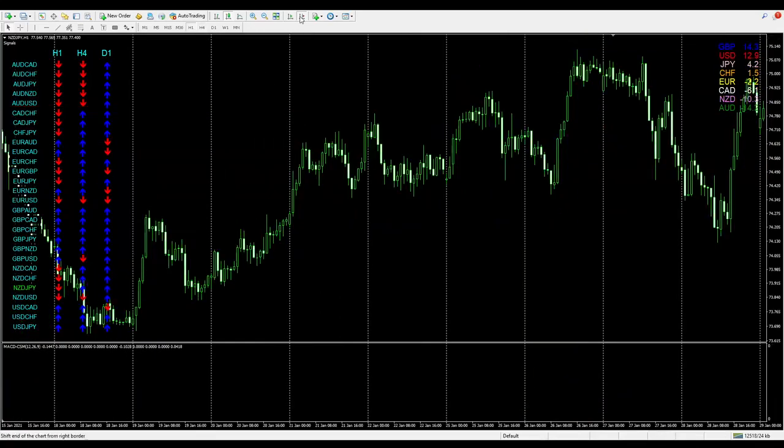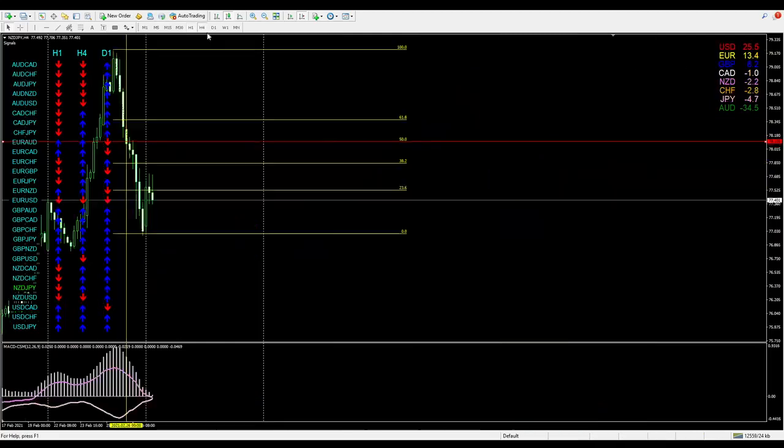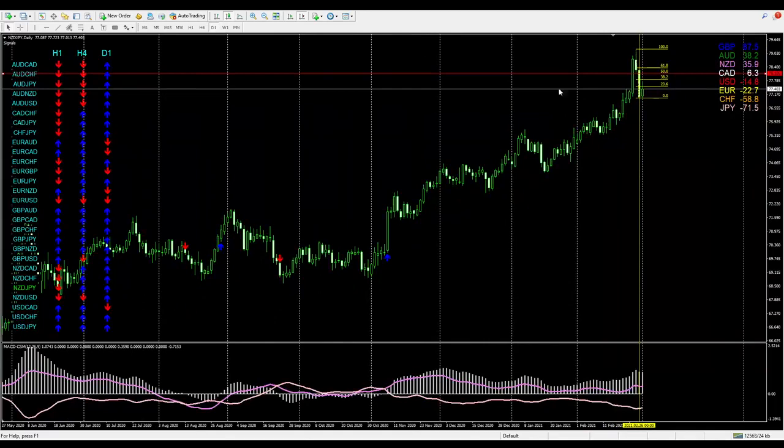Yes, so NZD-JPY could still be valid once this pair crossed, because on H1 it's still positive on JPY, but the general trend is negative here on JPY and negative here.